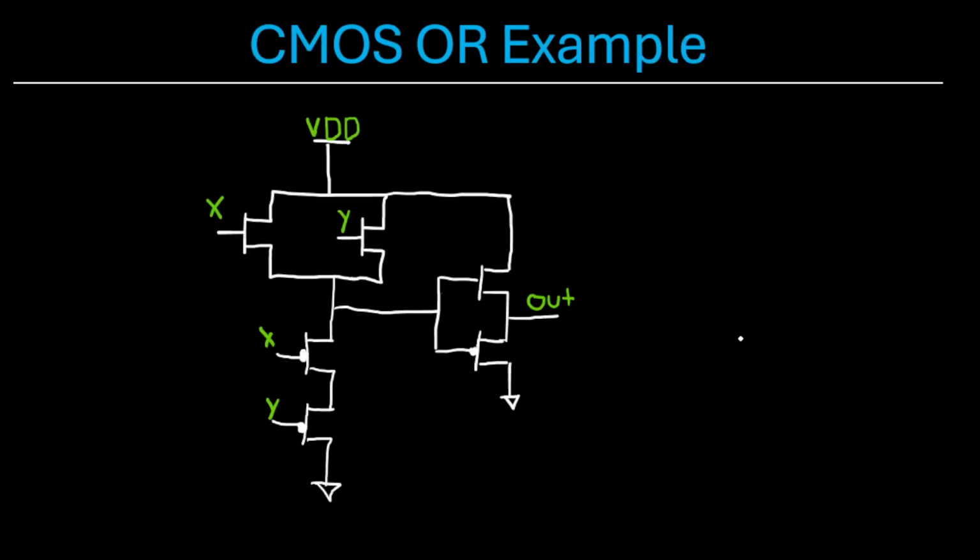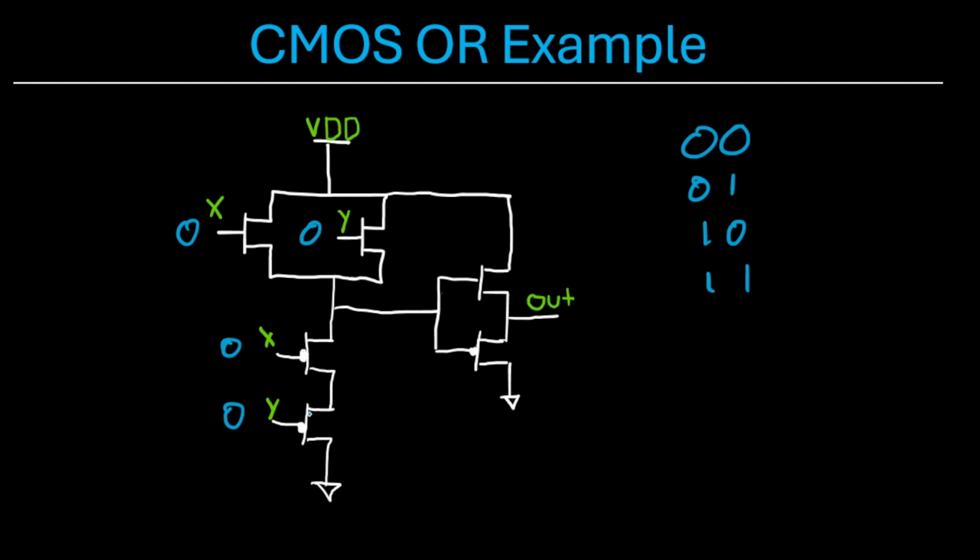Okay, so let's take a look at a CMOS circuit example. So 0, 0, 0, 1, 1, 0, 1, 1. Okay, let's go through the 0, 0 case first. So if we apply 0 at all of these transistors, these top 2 transistors will be off, so no connection is made here.